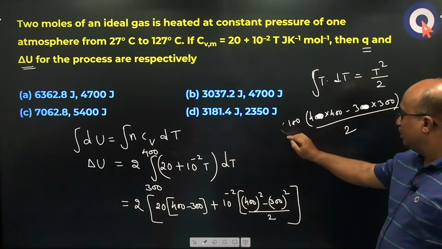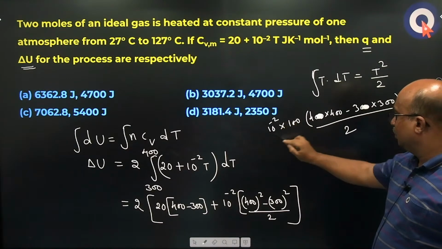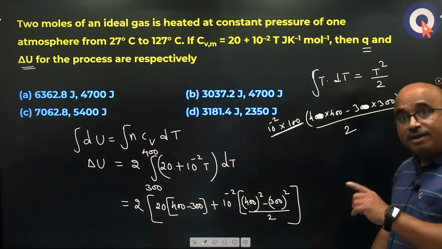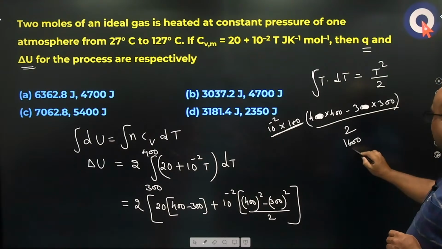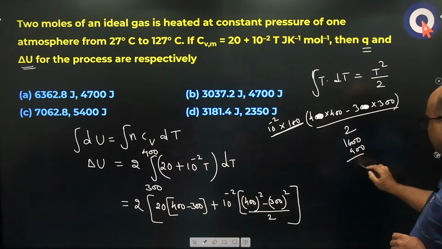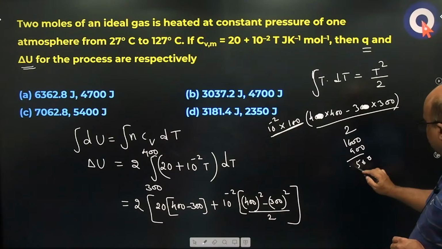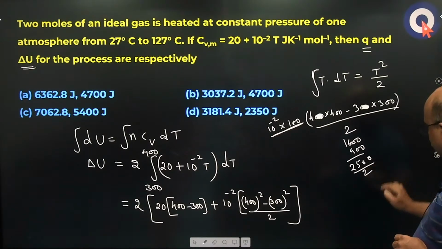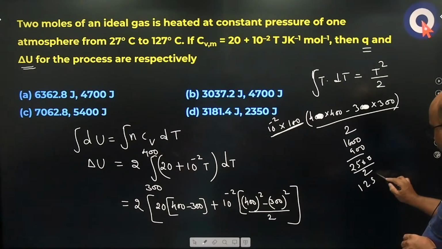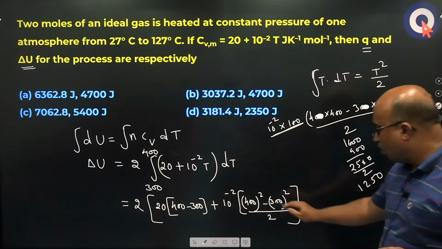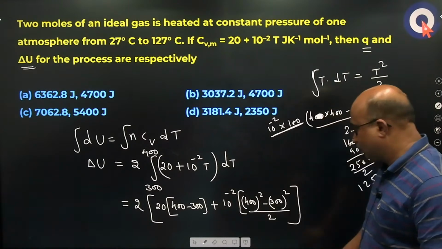So this 100 into 10 to the power of minus 2, that is what we try to do, make it 1. So this is 1600, this is 900. So it's nothing but 2 5 by 2, clear? So that it becomes now 1250. So this overall value is 1250.